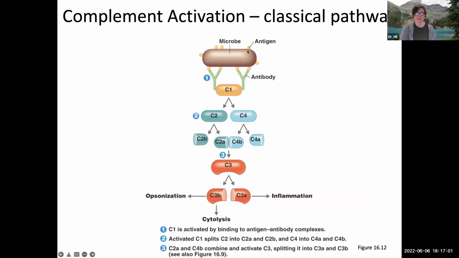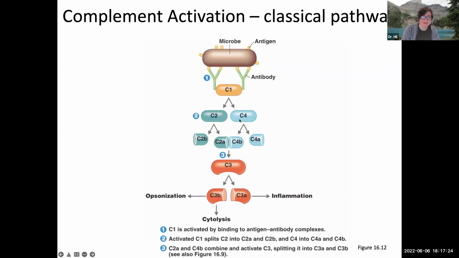So the first thing that happens is whatever these antibodies are specific for, let's suppose it's a capsule polysaccharide of this bacterium, or could be a protein spike off of a virus. Whatever this microbe is, it's got antigens, the antibodies bind the antigens, and this is a signal to activate C1.